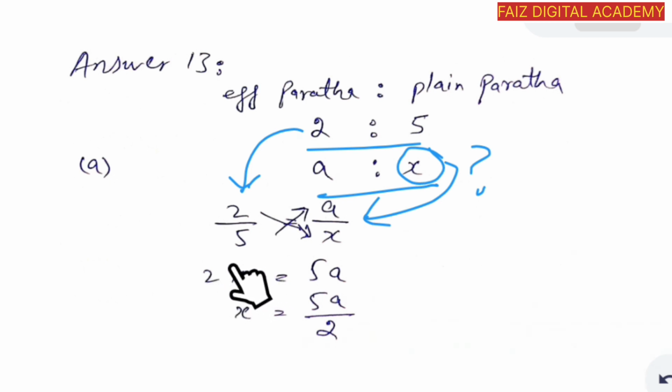Because we have to find x, the 2 which is multiplying on this side of the equation, when it goes to the other side, it is reversed: multiplication becomes division, so it becomes 5a over 2.